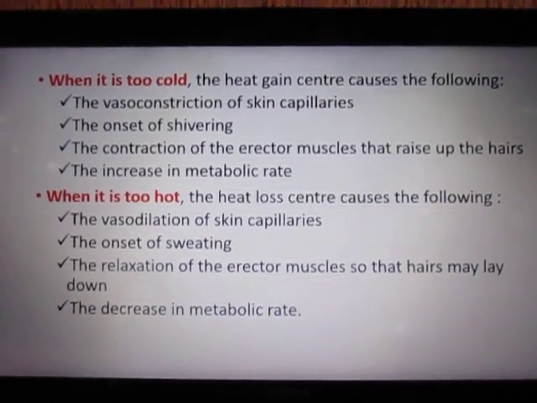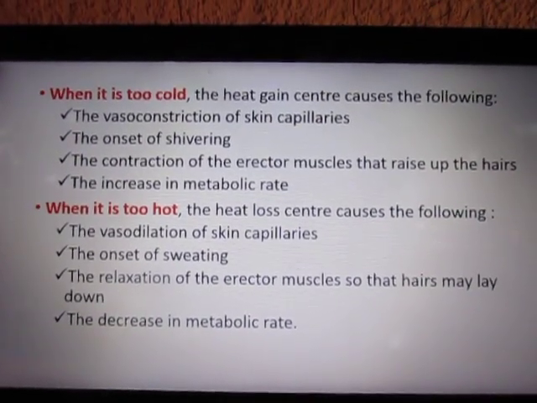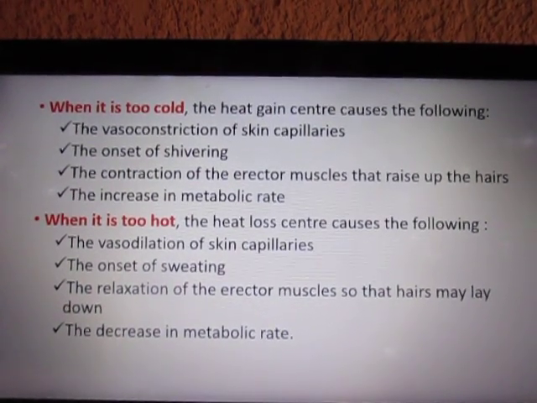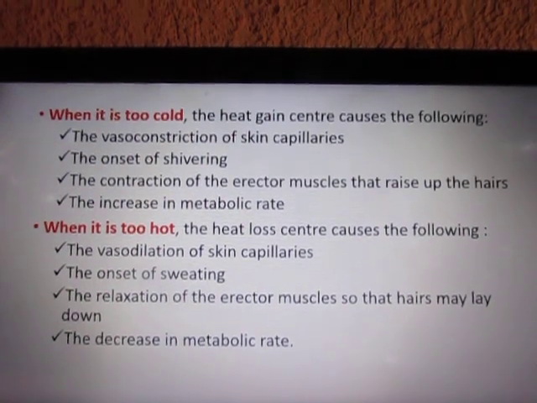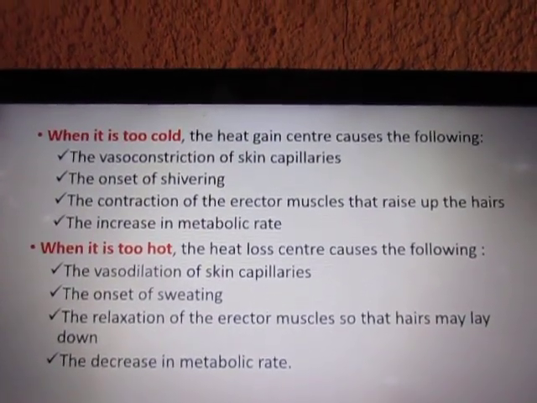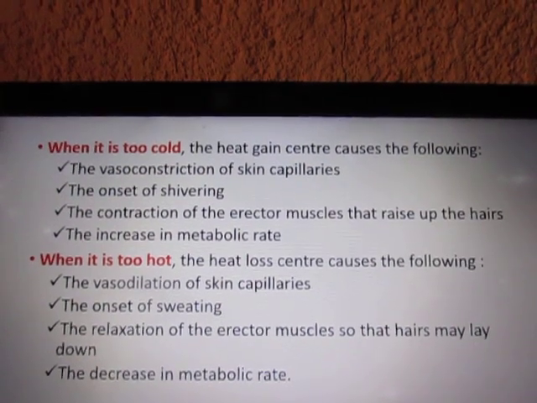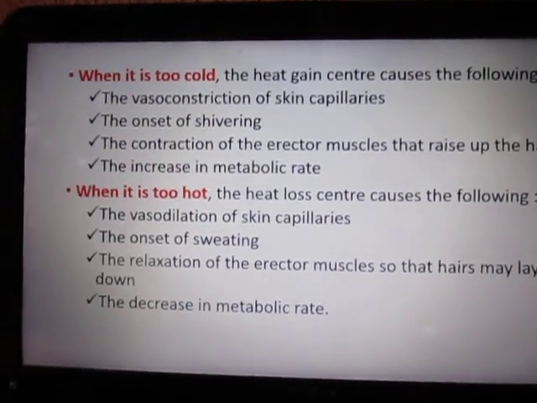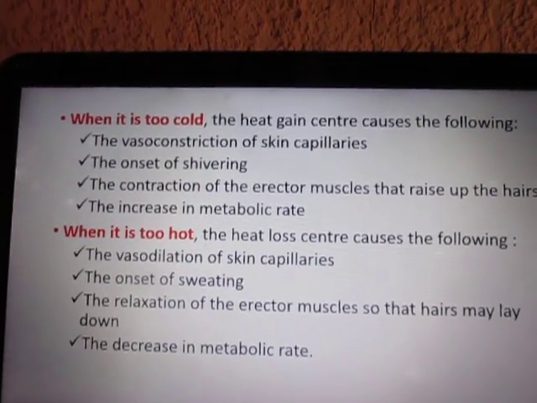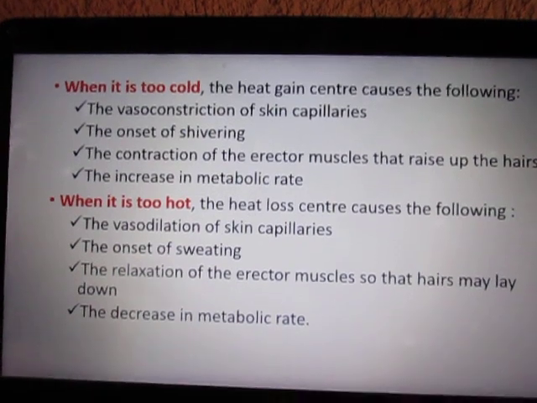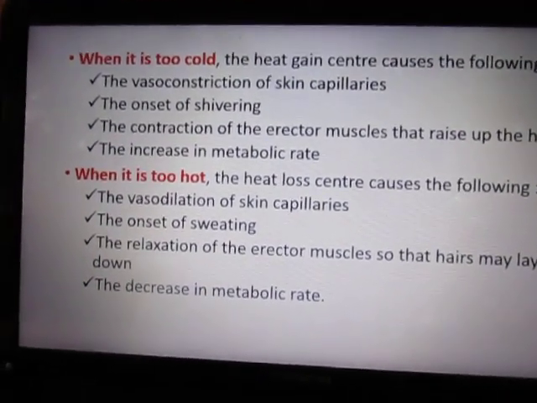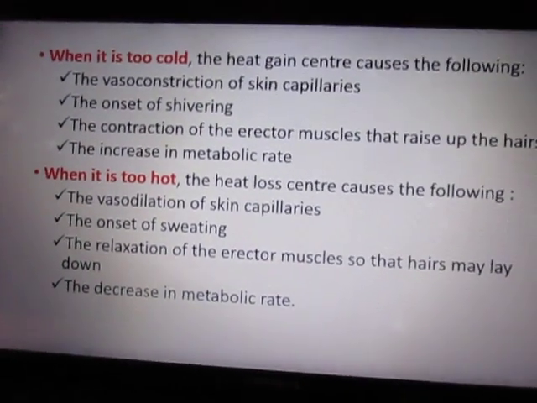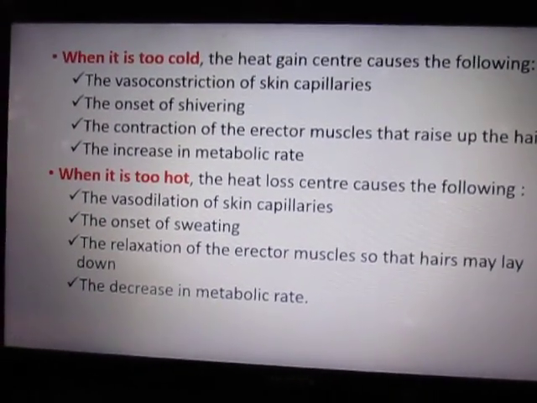Another activity is that the erector muscles will relax so that the hair lies down, and there will be a decrease in metabolic rate. All these have the role of reducing the amount of heat. So those are the key elements we could speak about these three units.